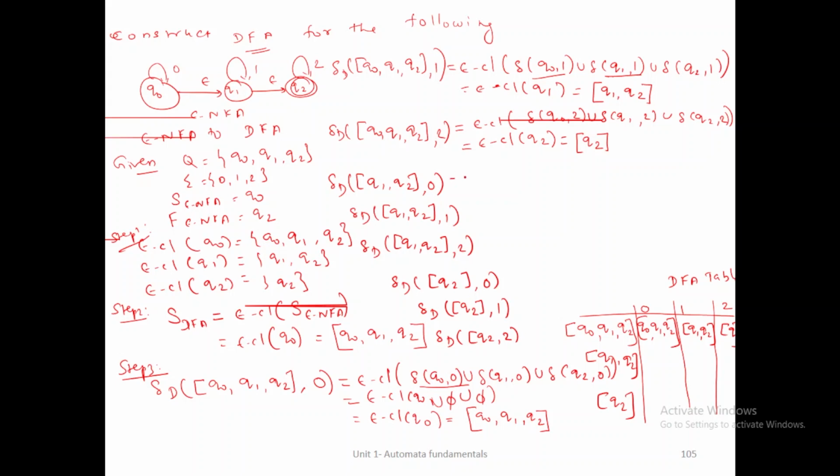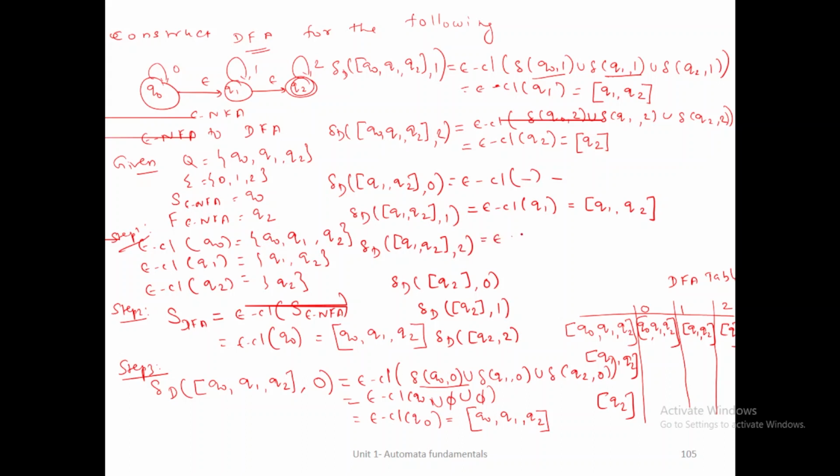The same formula, so I directly write it. Epsilon closure of, what is Q1 0? No. Q2 0? No. So there is no answer. Then tilde of Q1 1 is Q1, Q2 1 is phi. So epsilon closure of Q1. Epsilon closure of Q1 is Q1, Q2. And then Q1 2 no, Q2 2 is Q2.